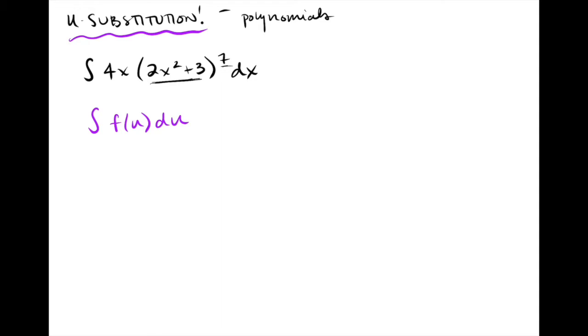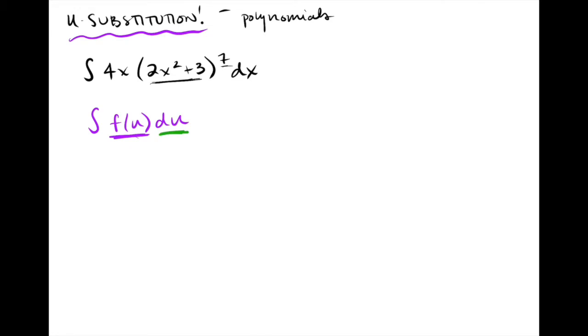And to get into this form, I'm going to need an f of u, and I'm going to need a du. So that's my job now, to figure out what f of u is and what du is. So first things first, let's figure out if there's something in here related by a derivative. Is there a u thing that I can take the derivative of and get my du thing?